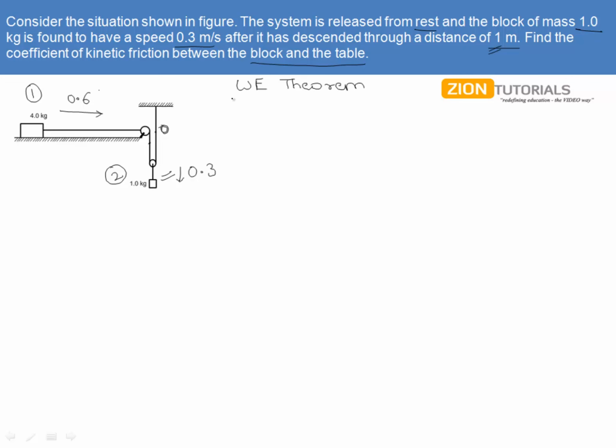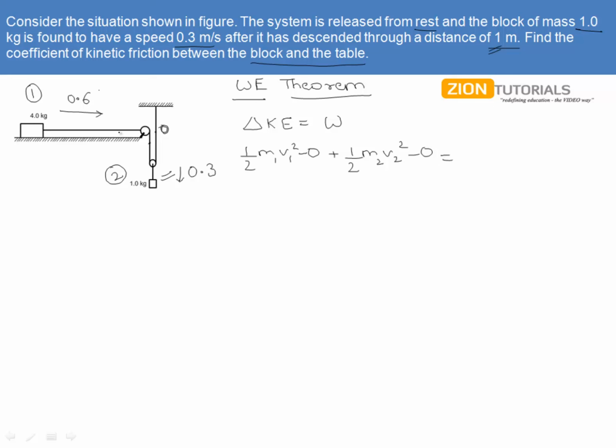You must all know that the work energy theorem says the total change in the kinetic energy of the system equals the total work done upon the system. So we can write it here as the change in kinetic energy of the first block, half m1 v1 square minus 0, plus for the second block half m2 v2 square minus 0, and the work done.